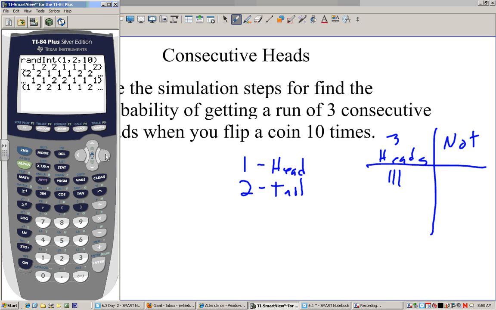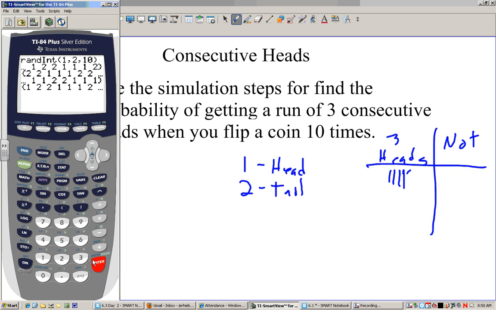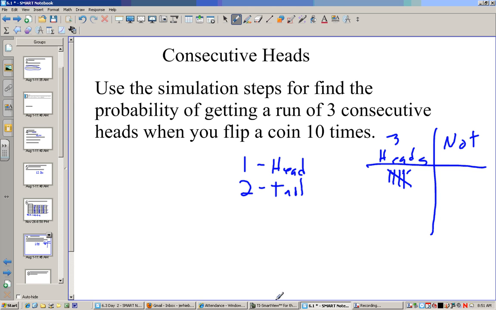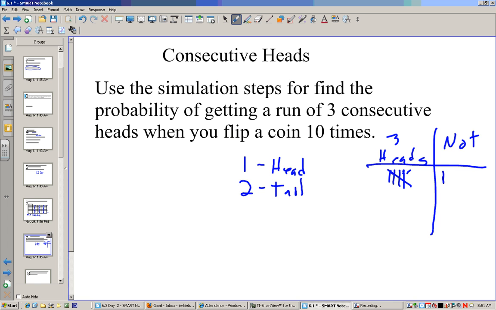Hit it again, that worked. There's 3 heads, 3 ones. Hit it again. Oh, I actually did it twice. This one has it. And we can keep on going. I was hoping that one of these wouldn't have it. All right, this one doesn't have it.